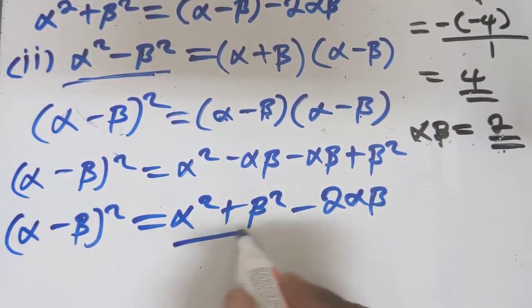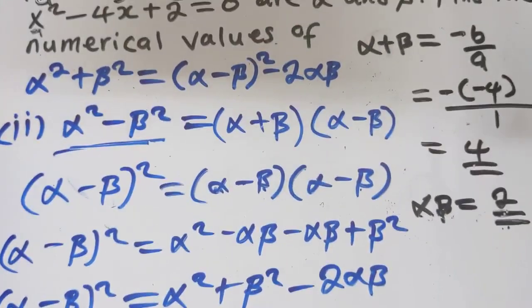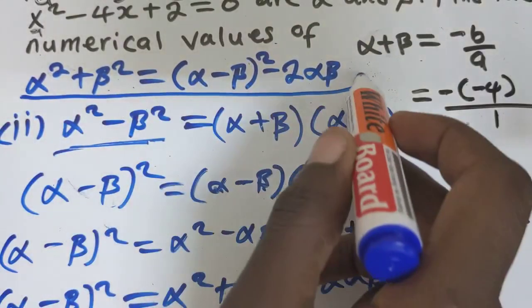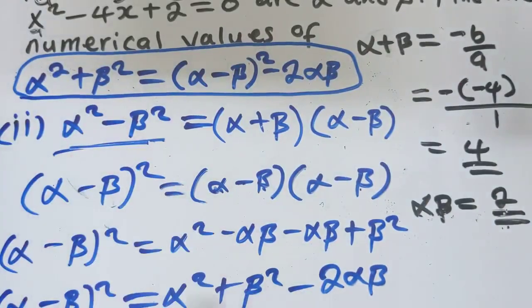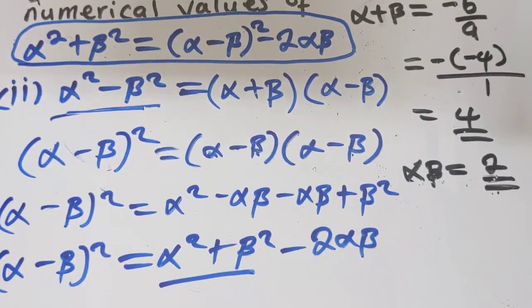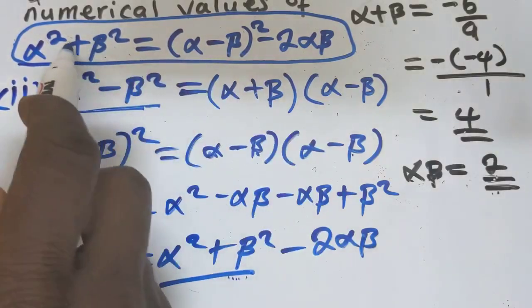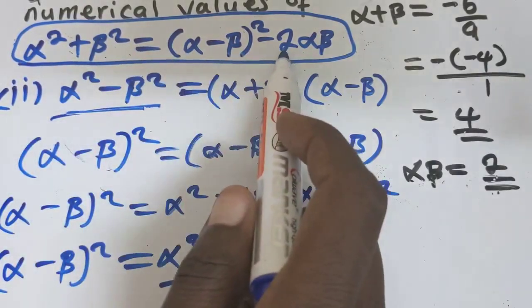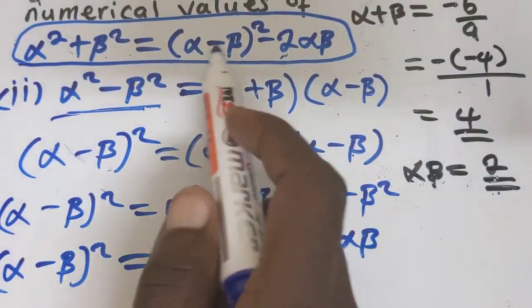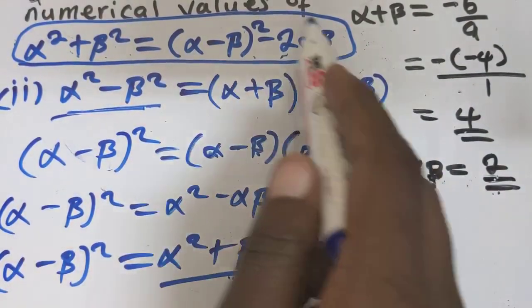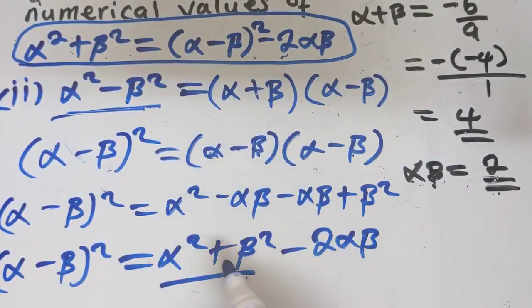So now, if you look at this one, I just wrote it as the formula, which I said this question involves. Where we have alpha squared plus beta squared, you will replace this, because the formula for this one we have already derived. So you're just going to put this formula right here.